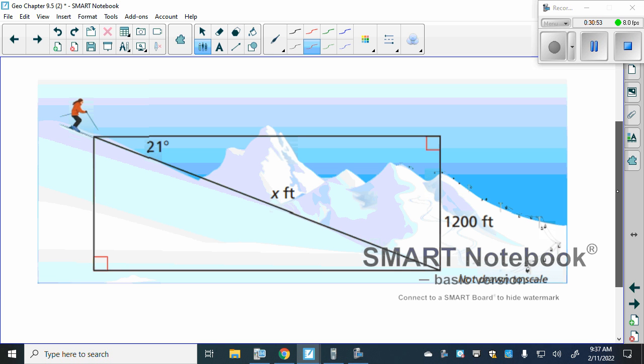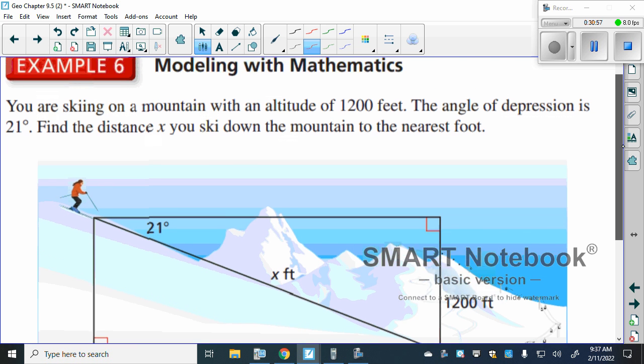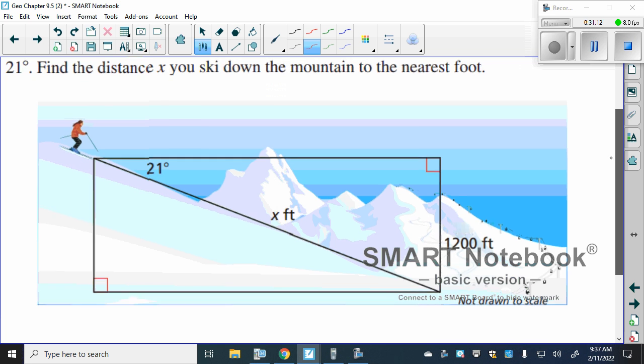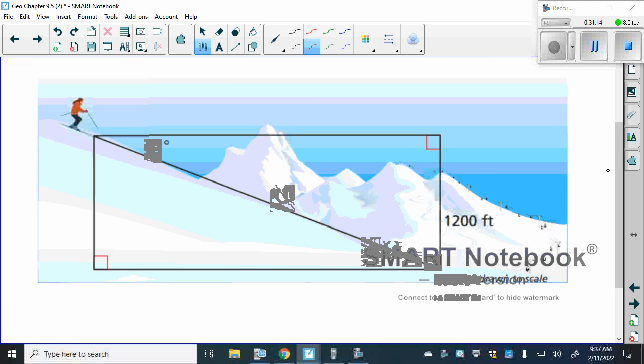Let's see here. We'll look at this one here because we do have ample amount of time. You are skiing on a mountain with an altitude of 12,000 feet. The angle of depression is 21 degrees. From the skiing distance of the mountain to the nearest foot, how far are you going?